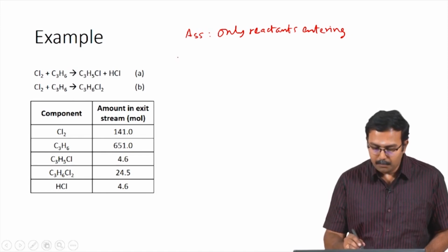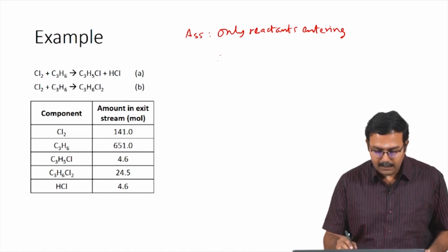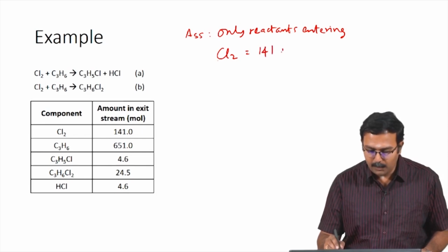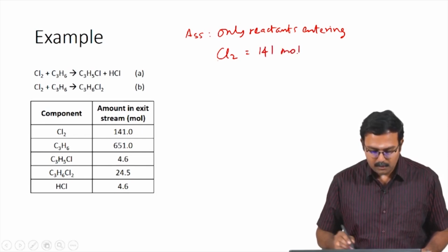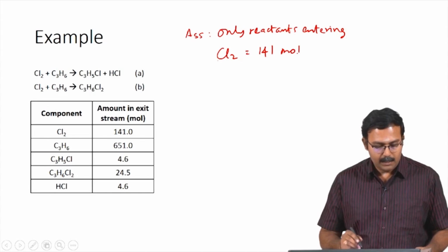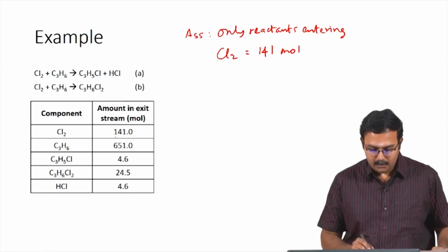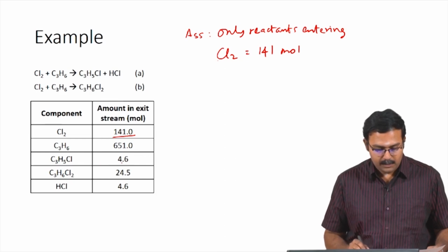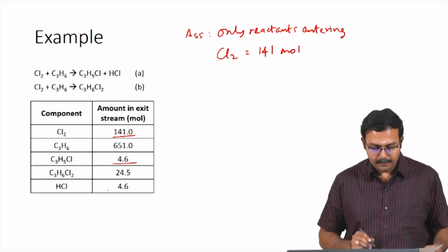Now, based on the equations we have, we know that the exit stream contains chlorine at 141 moles, which is given here, and you have C3H5Cl which is leaving at 4.6 moles.